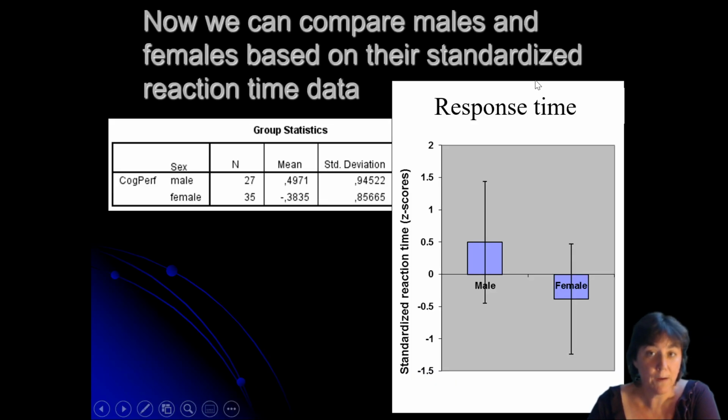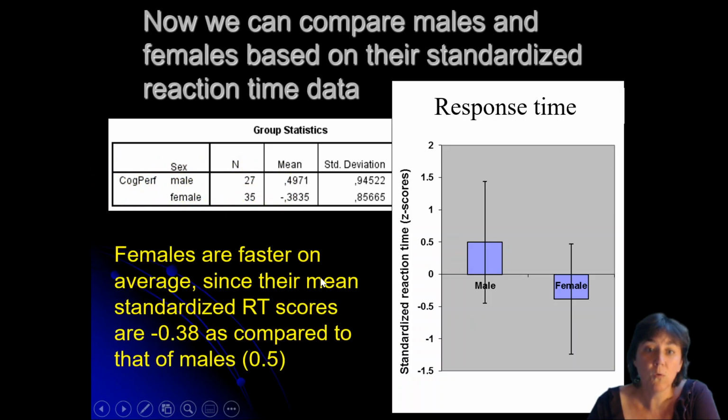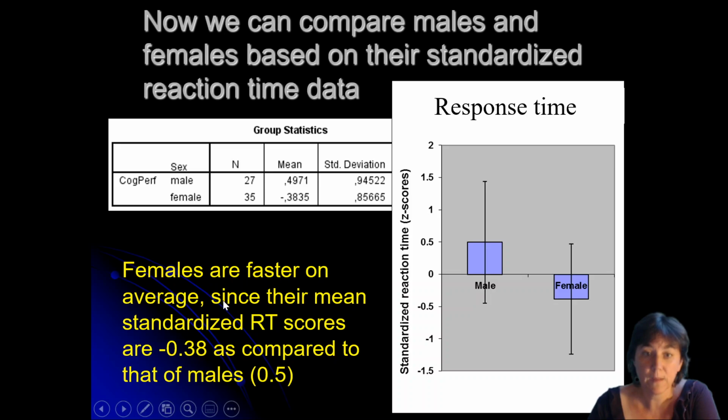Now we can compare males and females, and this is what we get out of SPSS if I group my subjects according to whether they were males or females, regardless of which experiment they took part in. I can see that overall females were faster since their mean standardized reaction time scores were lower than the average, as compared to that of males, which was 0.5.